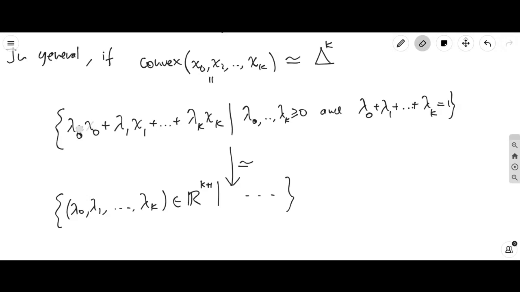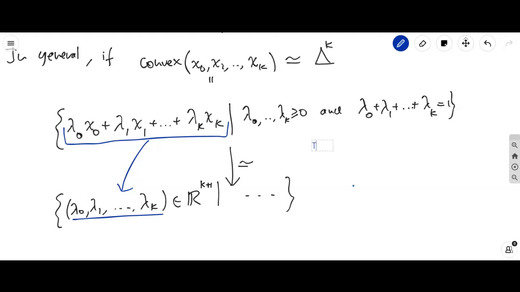You basically argue that this set is a convex set, and then you argue that if a convex set contains those points, it must contain every point of this form. And there's a homeomorphism from that set of points to this set of points, and it's the obvious homeomorphism. You just take this point and you map it to those coordinates.